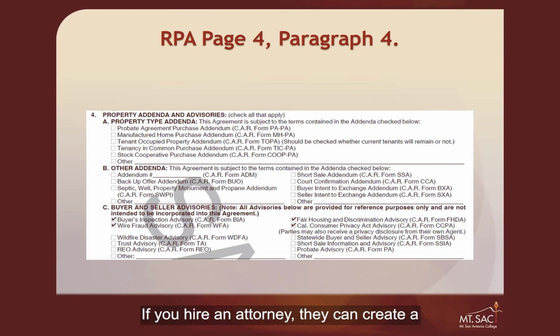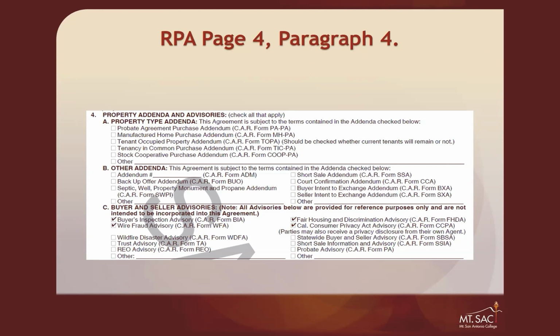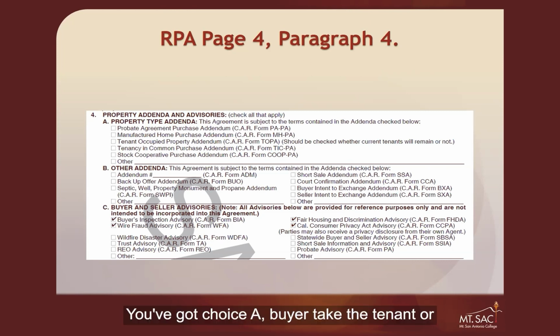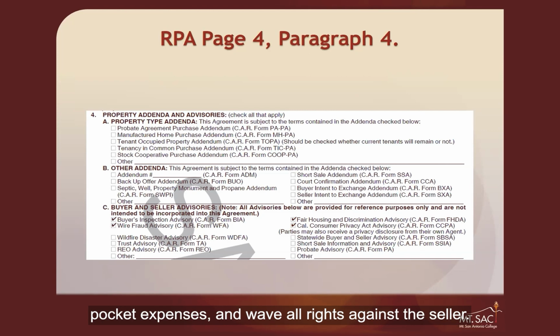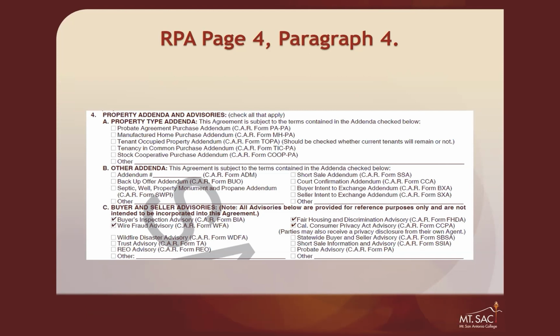I mean, if you hire an attorney, they can create a separate addendum to override what the TOPA says, but you cannot, because that would be the unlicensed practice of law. Okay. Let me tell you, this TOPA is written pretty tight. Okay. You've got choice A, buyer takes the tenant, or choice B, buyer walks away, gets their out-of-pocket expenses, and waives all rights against the seller. Okay. So that's the TOPA.